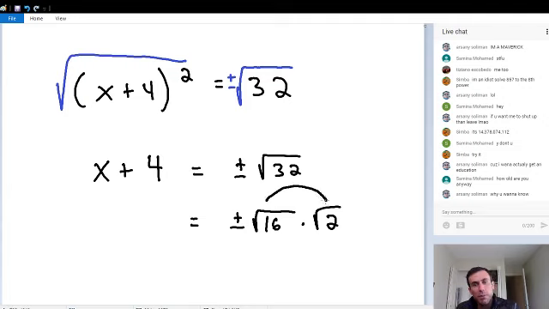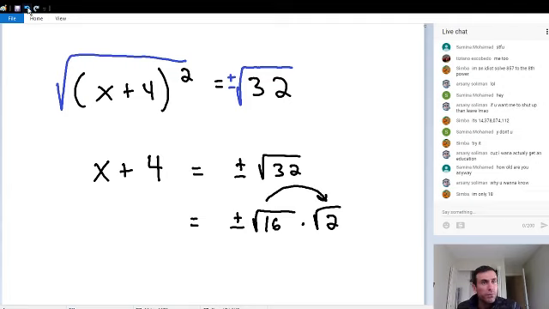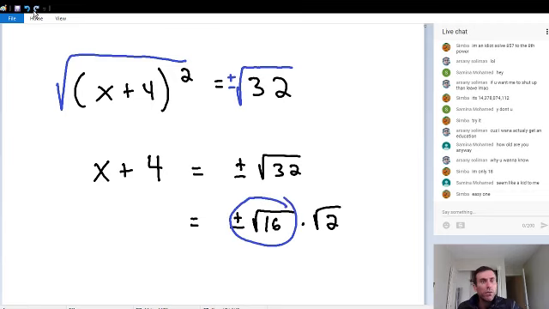Okay, 16 times 2 is equal to 32. Okay, and the square root of 16 is equal to 4. So this can be equal to plus or minus 4. And we can't forget that this is being multiplied by the square root of 2.